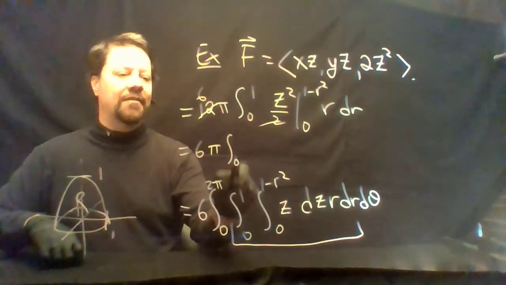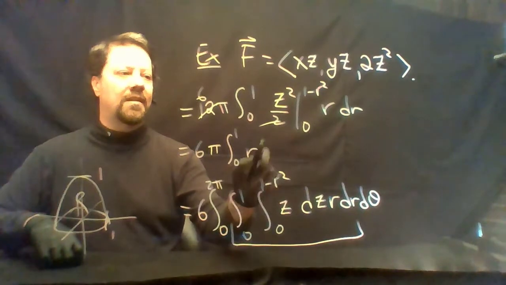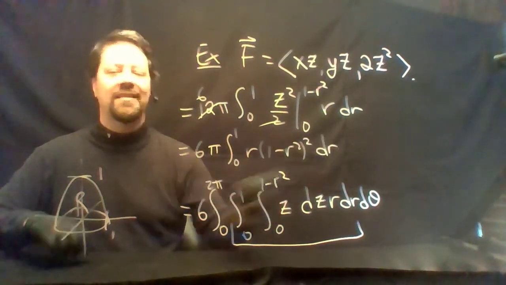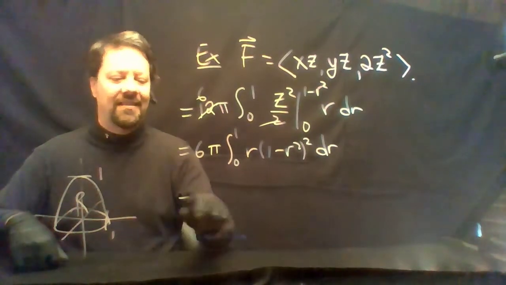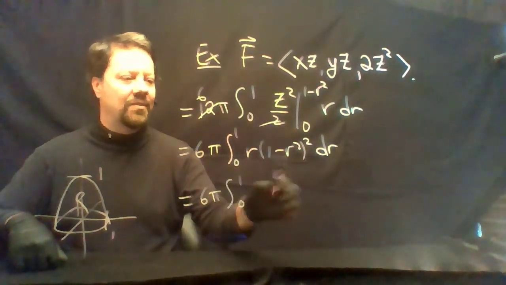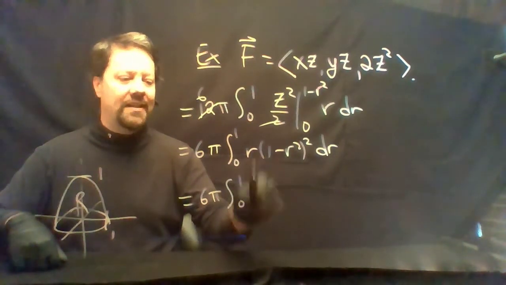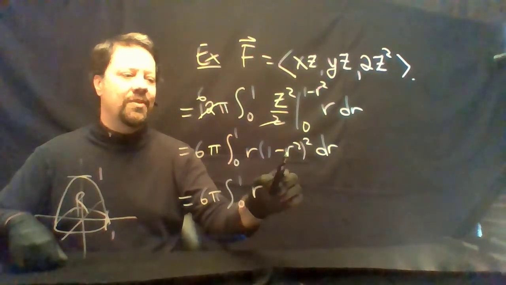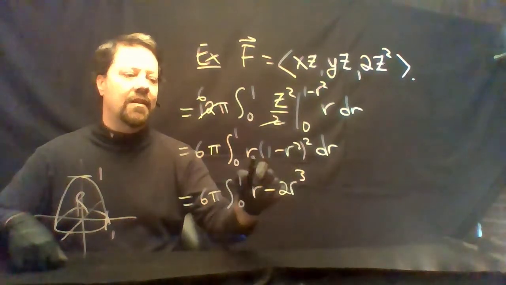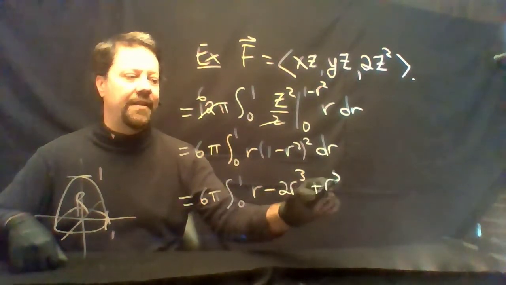We'll have 6 pi integral from 0 to 1, r times 1 minus r squared, squared dr. Being too lazy to do anything else, we'll FOIL this out. We'll get 1 times r, minus 2r squared times r is minus 2r cubed, and then r to the 4th times r is plus r to the 5th.